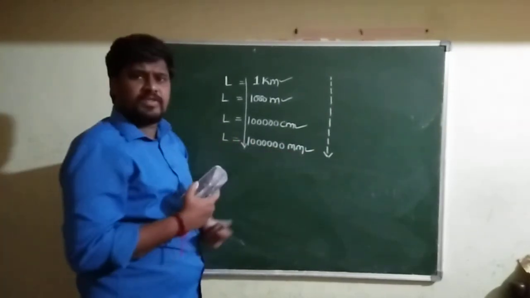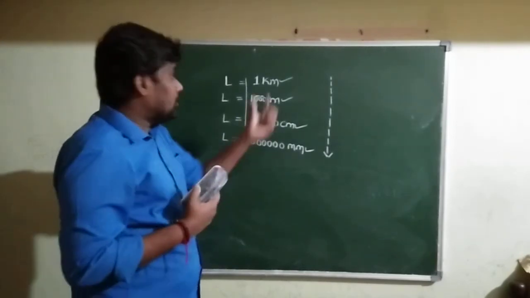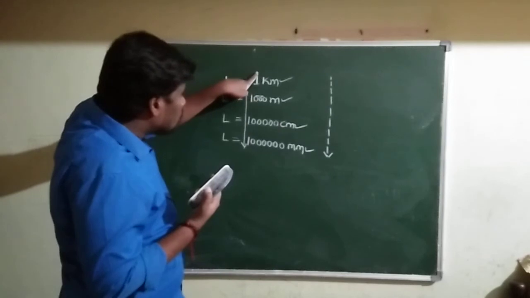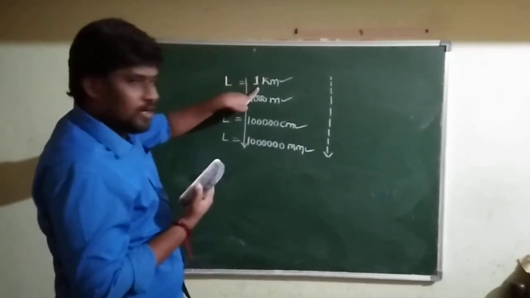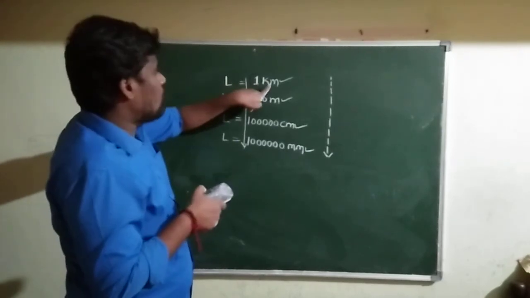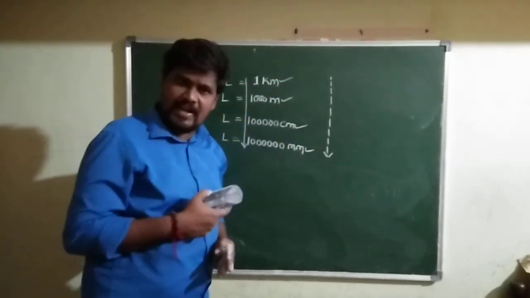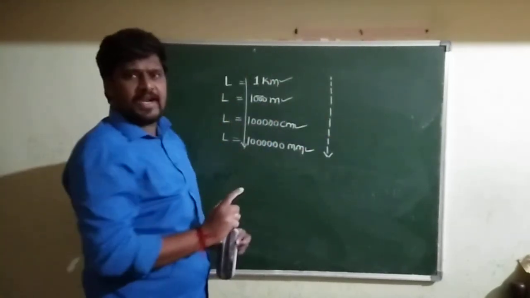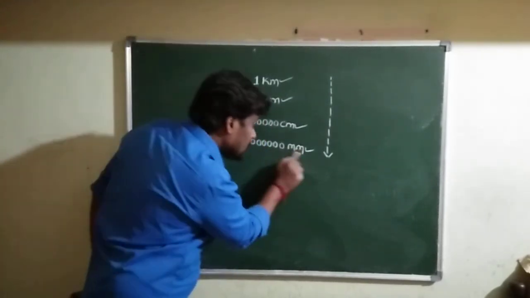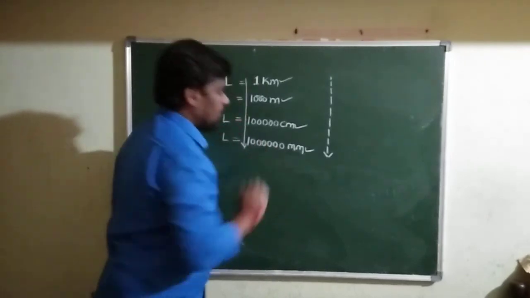Kilometer is a bigger unit, therefore the numerical value of the length is smaller. Here the numerical value is 1 because the unit I have chosen is greater. If the unit chosen is greater, the numerical value will be smaller. If the unit chosen is smaller, then the numerical value will be greater.